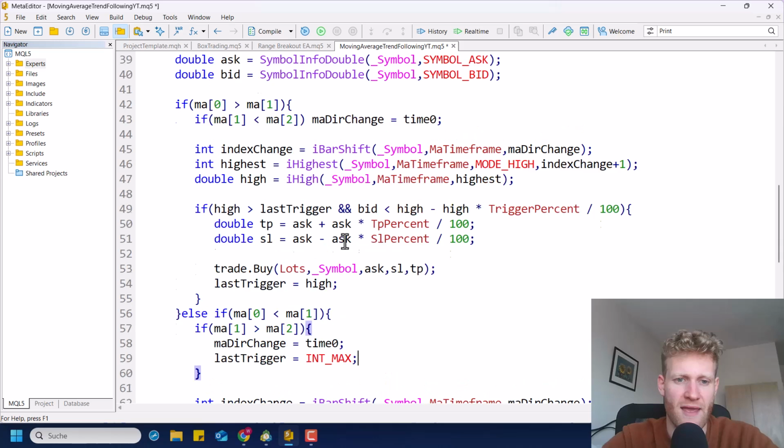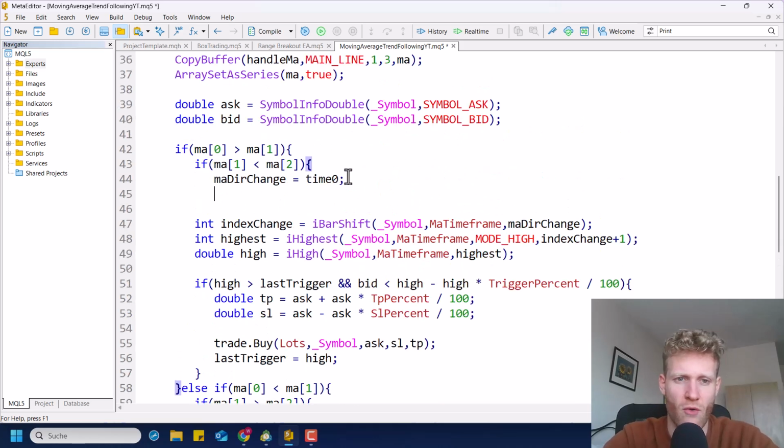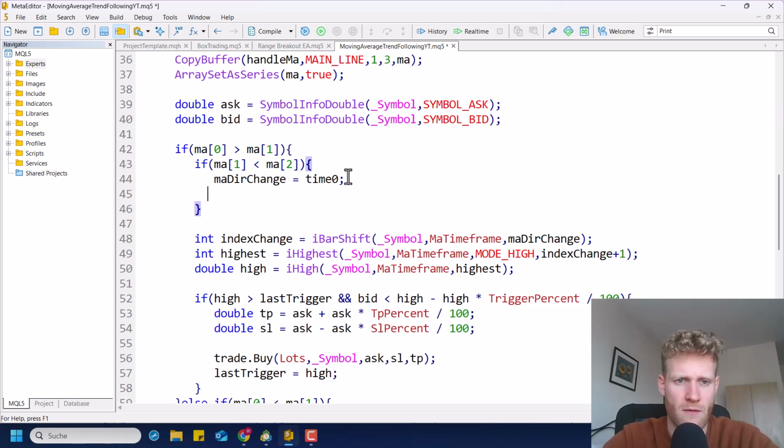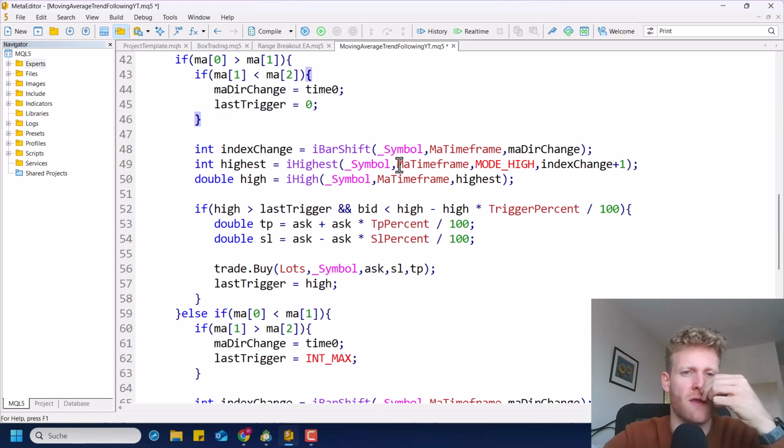And for buy positions, it should be a very low value, a small value, so last trigger is equal to 0, for example. Okay, this is how we can do this, I think.